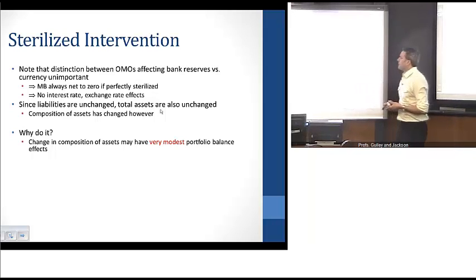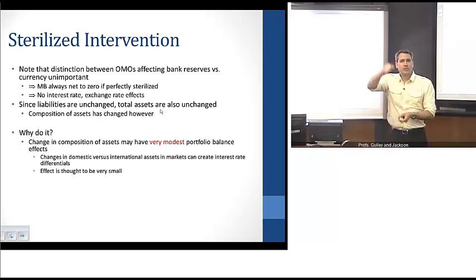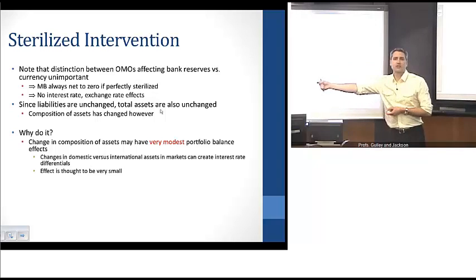Well, there are some reasons to believe that this could have some impacts, and central banks might want to do it. First of all, changes in the composition of assets can have portfolio balance effects. What that means is that changes in domestic and international assets in these markets can create changes in interest rate differentials. With central banks intervening very heavily in changing the portfolio of these assets, that can have impacts on interest rates in domestic economies versus international economies.